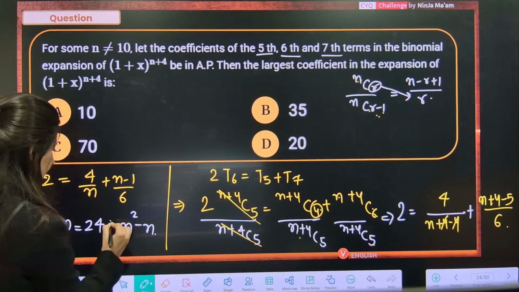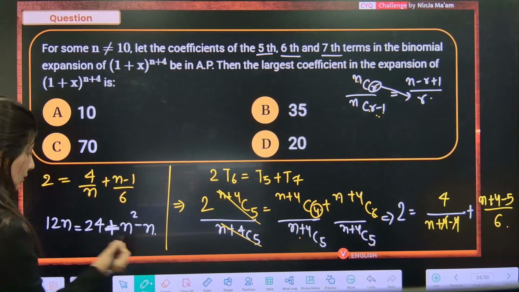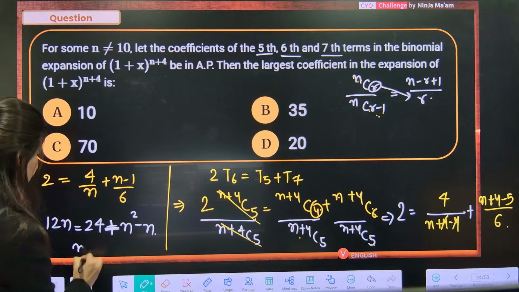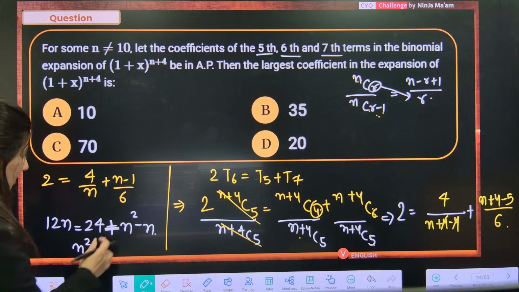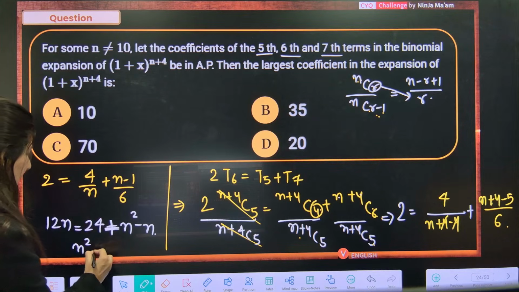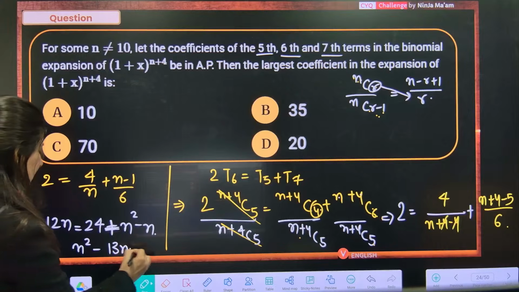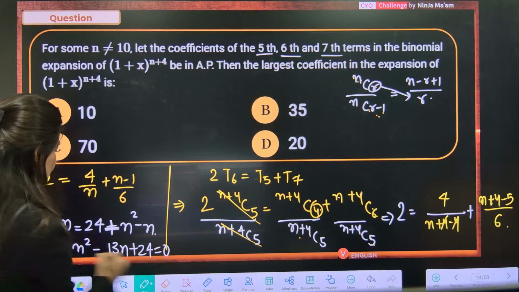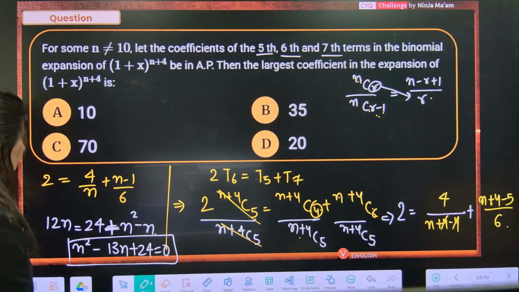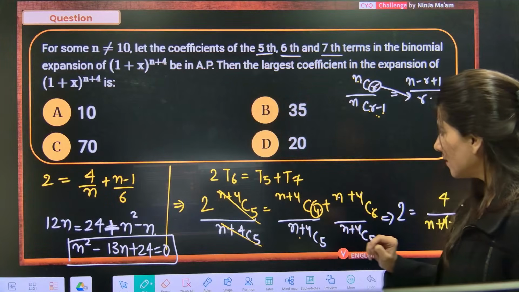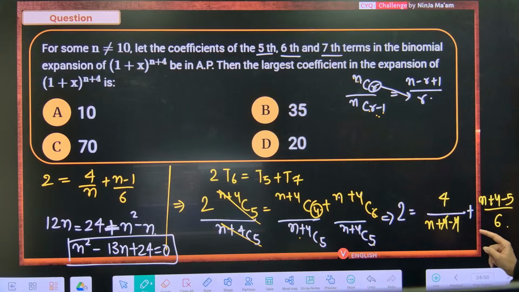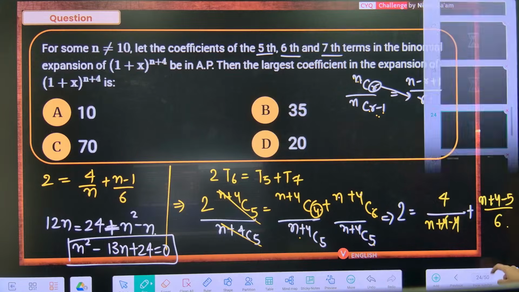So it is going to be n square minus 13n plus 24 equals 0. Is this what I am going to get?